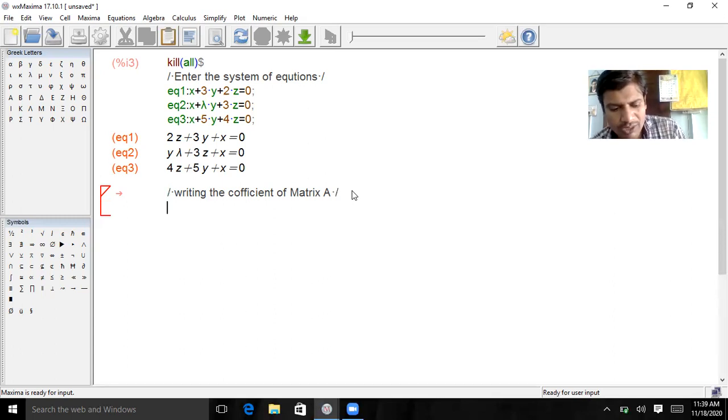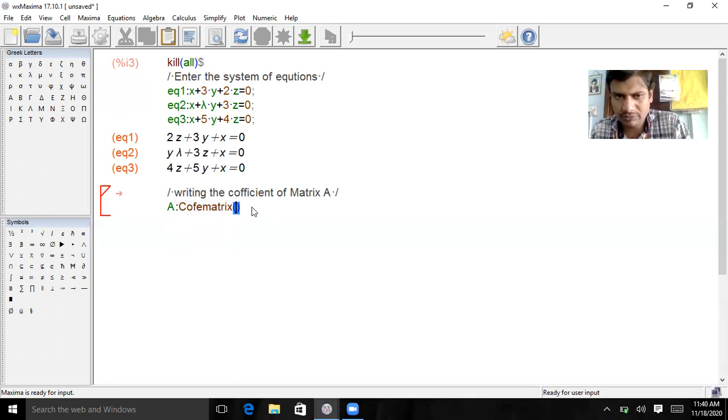Only press enter. What is the A? A, then colon. Okay. That is the coefficient matrix. For the coefficient, we type only COEF. That is the key command of coefficient matrix, COEFMATRIX. Remember this one, A colon of coefficient matrix.